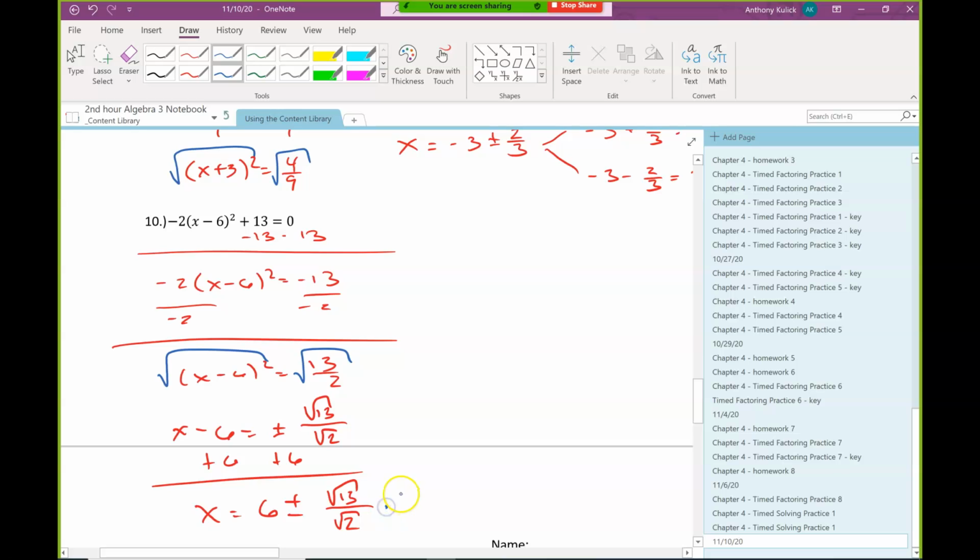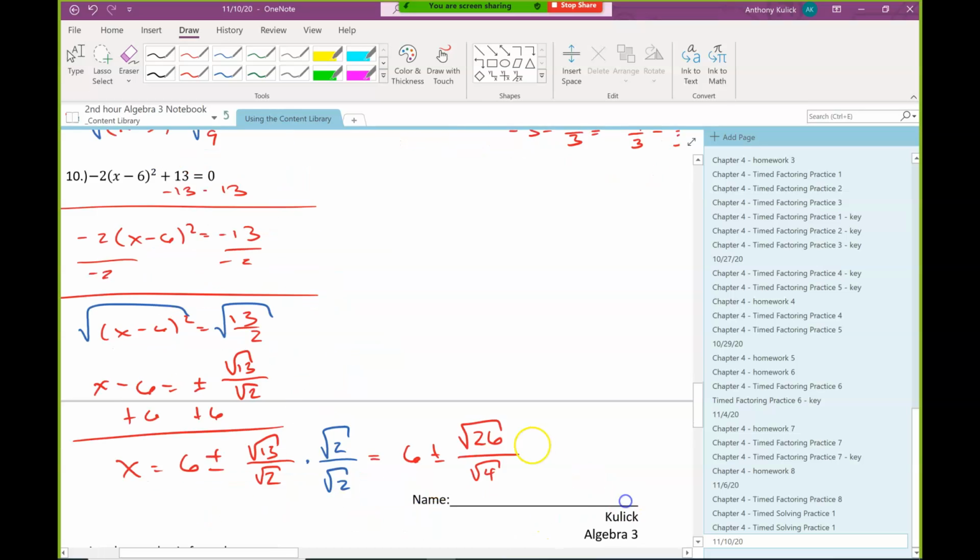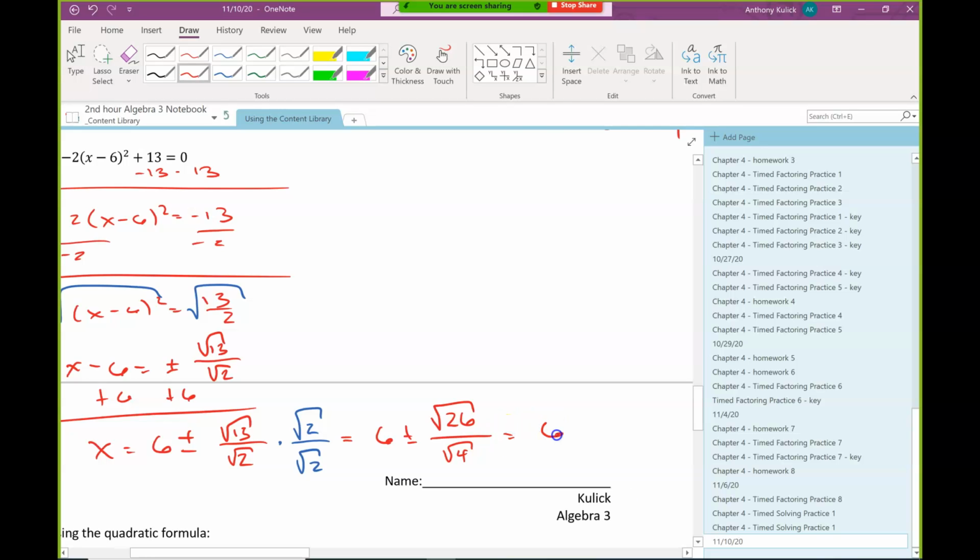So we need to take care of that here. So to do that, we'll just multiply the top and bottom of that fraction by the square root of 2. So square root 13 times square root 2 is just square root 26. And square root 2 times the square root of 2 is square root of 4.